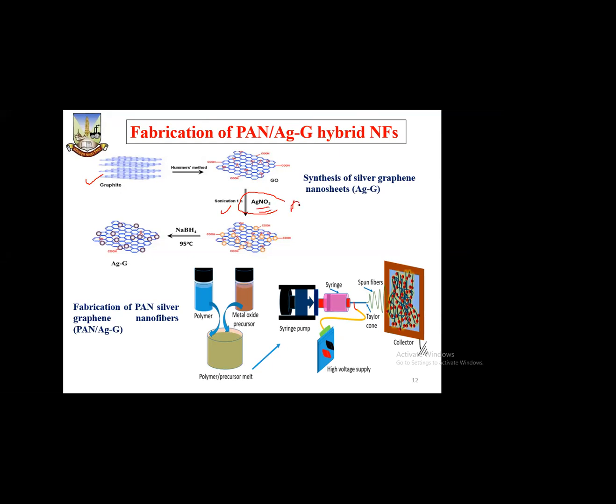AgNO3 dissociates as Ag+ and gets reduced to Ag0. Once reduced to Ag0, it comes over the surface of the graphene sheet. Here sodium borohydride is used at 95 degrees centigrade. Silver graphite.